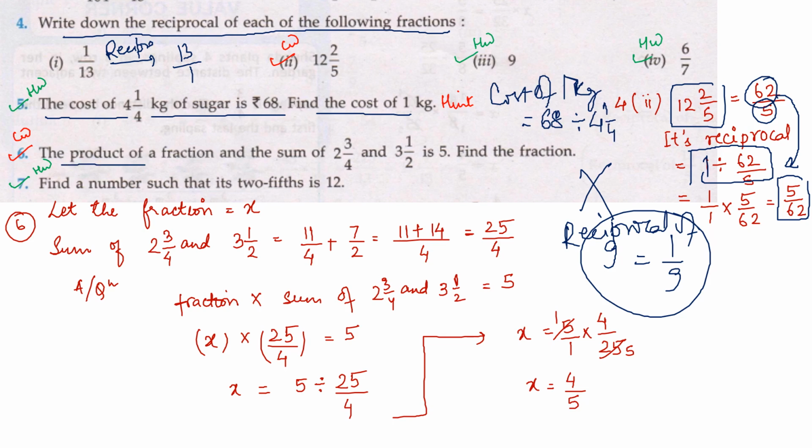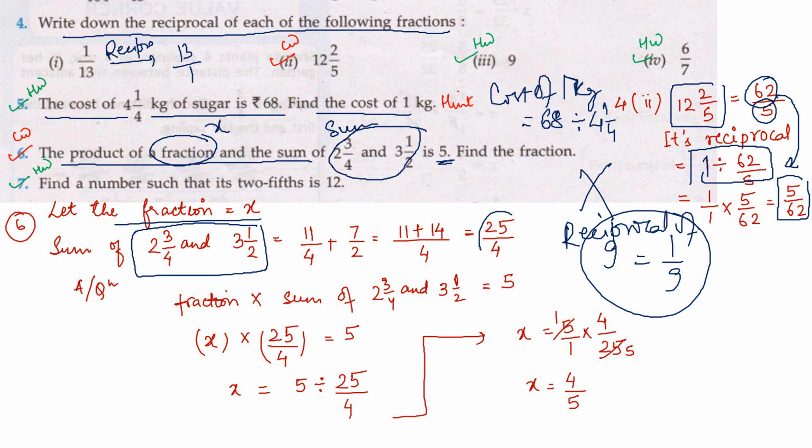6. The product of a fraction and sum of this is 5. So product of a fraction, let the unknown fraction be x, and this you have to add sum. So let the unknown fraction be x, and the sum of 2 whole 3 by 4 is how much? That is 25 by 4. So question says fraction into, product means into, sum of this is equal to 5. So x into 25 by 4 is equal to 5.